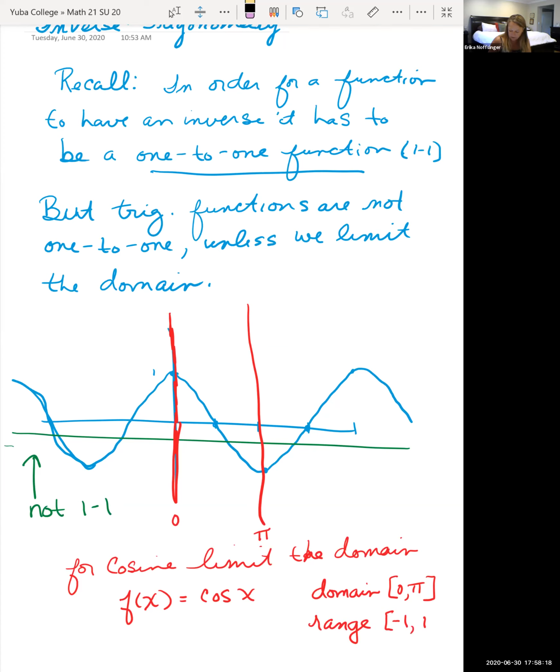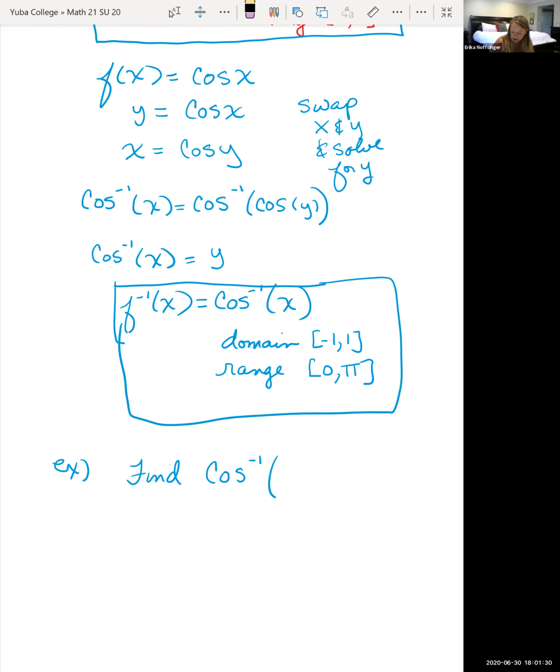So actually we're thinking backwards here. And so let's look at an example. Let's say it wanted us to find cosine inverse of root 3 over 2.